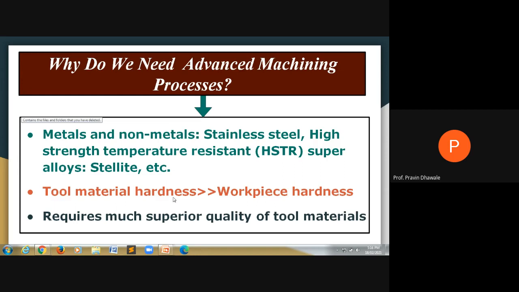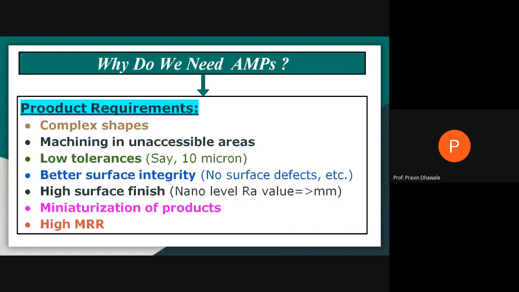Tool material requires very high hardness as compared to the hardness of the workpiece. It requires much superior quality of tool material. That is, we require high quality and high hardness tool material during manufacturing processing of the workpiece.